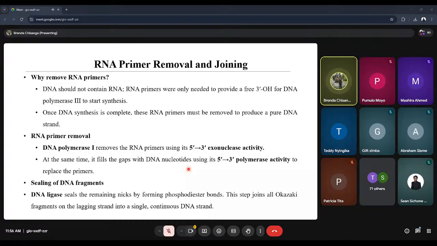The enzyme DNA ligase comes in to seal the nick, the small portion. DNA ligase does not add nucleotides. The nucleotides on the region where there was RNA primer are added by DNA polymerase 1. But there's a challenge here.